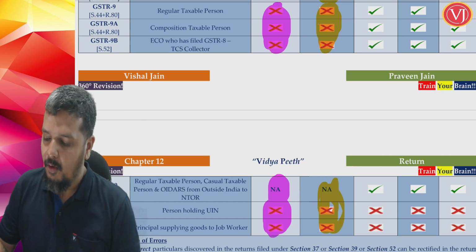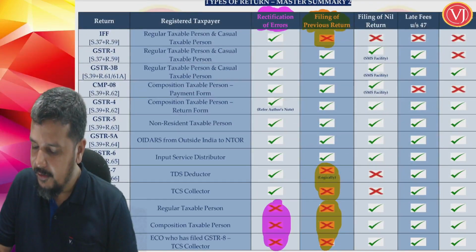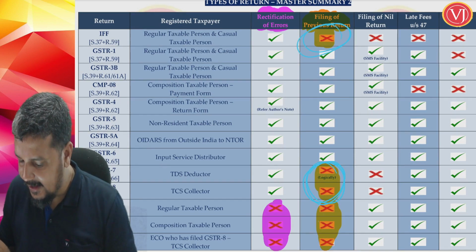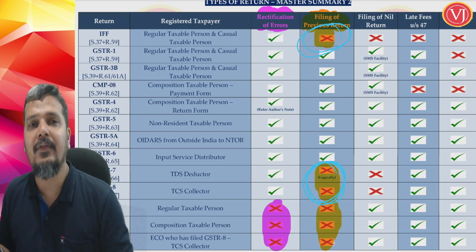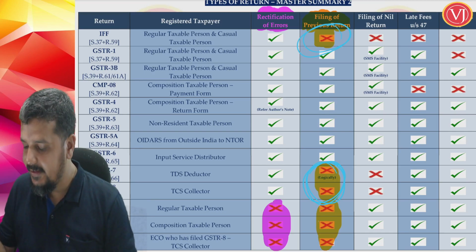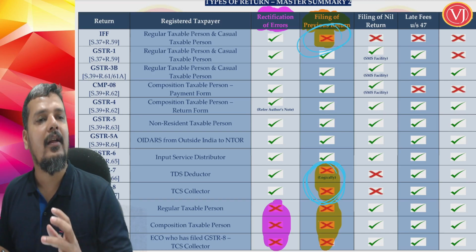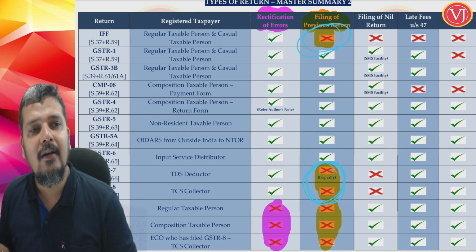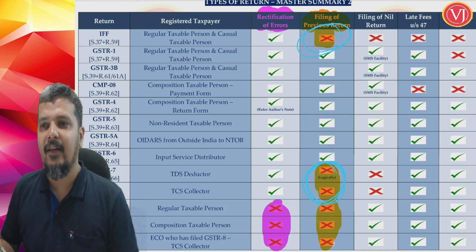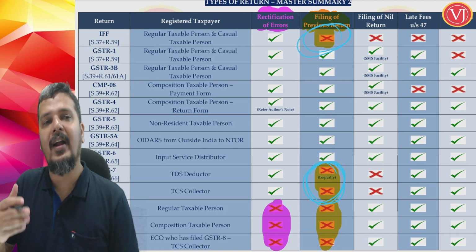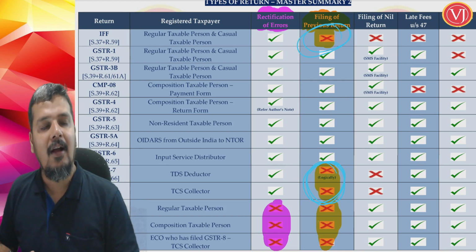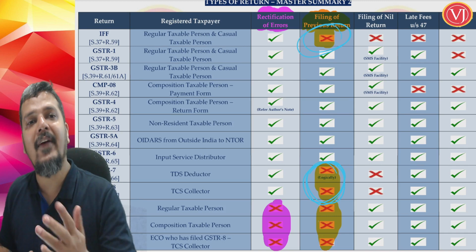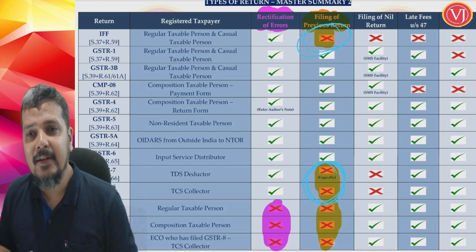So what is extra here is your IFF, because it is optional. And that's the logic of GSTR 7 and 8. Why? If in a particular month you don't have any TDS or TCS, you are not required to file a nil return. Supposing the government does not have any TDS in the month of May, it may not file the May month TDS return, and directly file the June month TDS return.